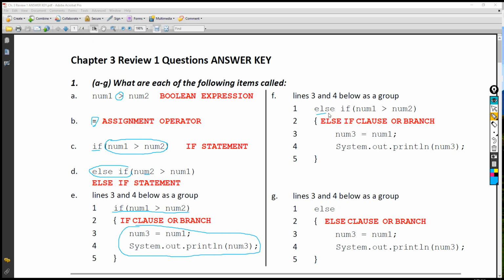This is an else if statement, and so the clause is associated with an else if statement. So it's called an else if clause. And this clause here is associated with an else statement, so it's just called an else clause or else branch. These are just vocabulary words that help us to communicate.